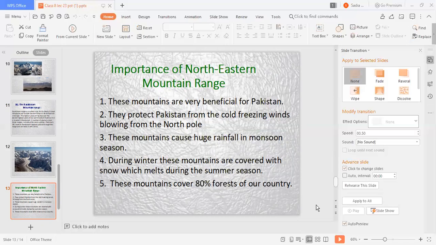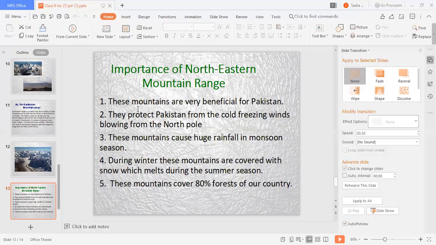I want to tell you some important points of the northeastern mountain ranges, and these are the important points.